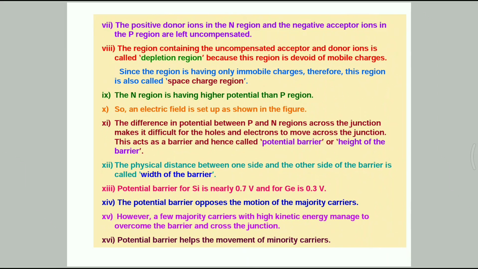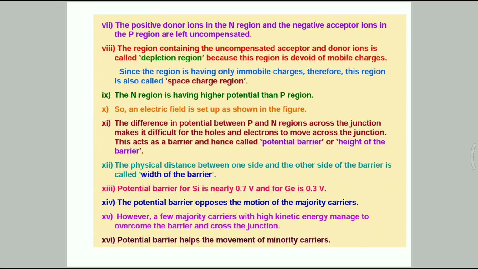The N region is at a higher potential than the P region, so an electric field is set up as shown in the figure. The potential difference across the junction between the P and N regions makes it difficult for holes and electrons to move across the junction.